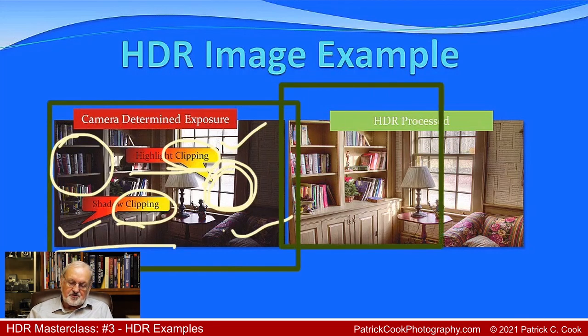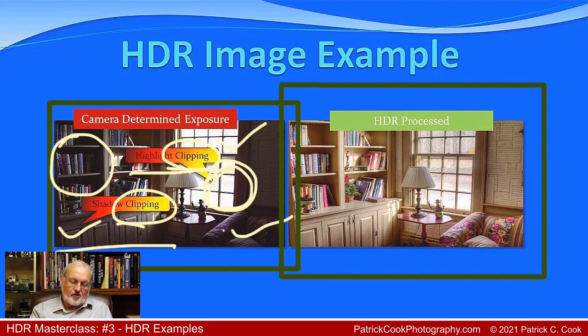Now, taking a look at this next example over here on the right, I got it right this time. This is an HDR processed image. Now, you'll notice here that the whole point and the purpose of HDR is to be able to distribute the exposure values nice and evenly all through the scene.